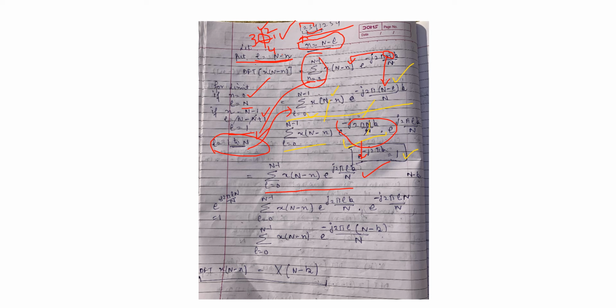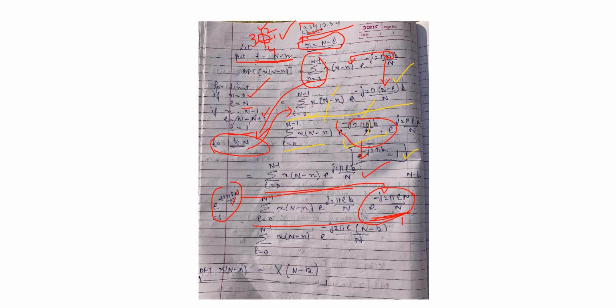If we multiply this with e raised to power minus j 2 pi l N upon N, here N is cancelled with N, and we are left with e raised to power j 2 pi l, and this is equal to 1. So if we multiply by this value, which is always equal to 1, it means we multiply this equation by 1.